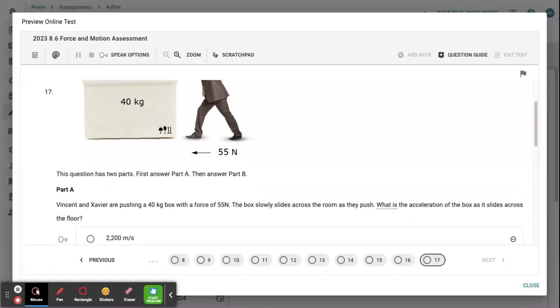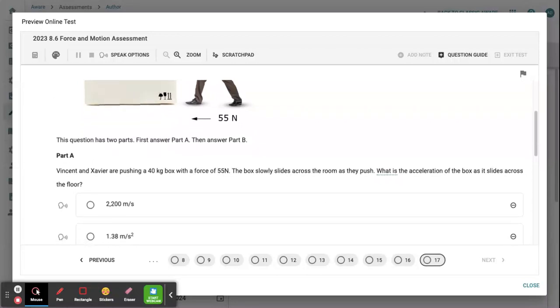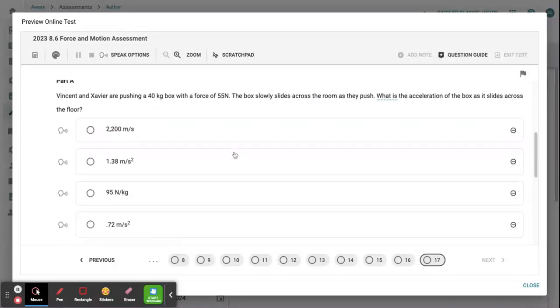This question has 2 parts. First, answer part A, then part B. Vincent and Xavier are pushing a 40-kilogram box with a force of 55 newtons. The box slowly slides across the room as they push. What is the acceleration of the box? So if force equals mass times acceleration, then force divided by mass is going to give me acceleration. So 55 divided by 40 gives me 1.38-ish.